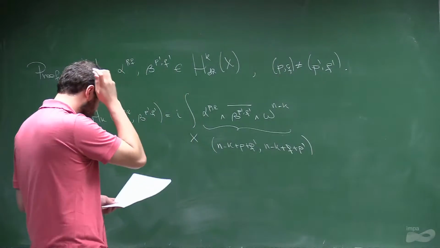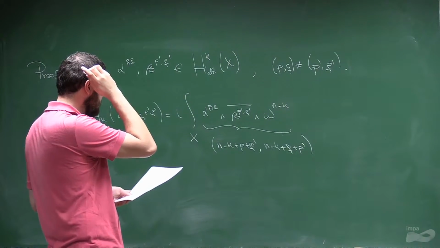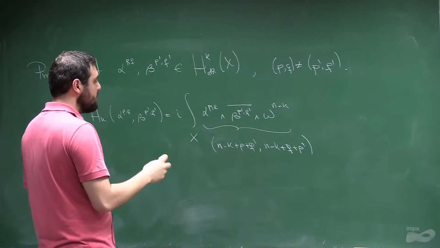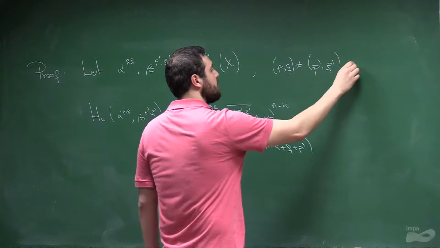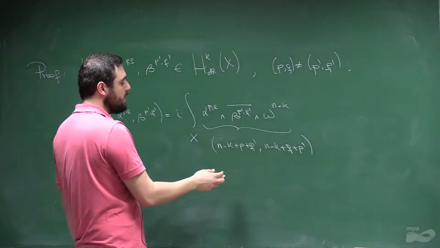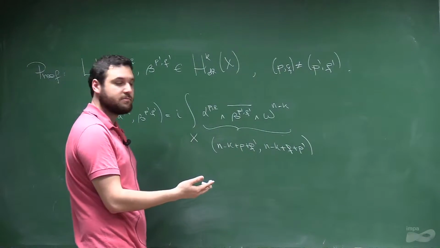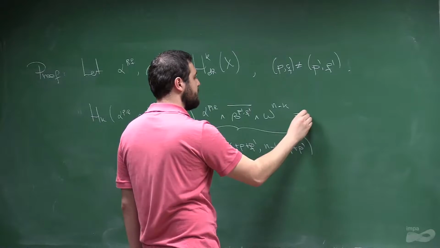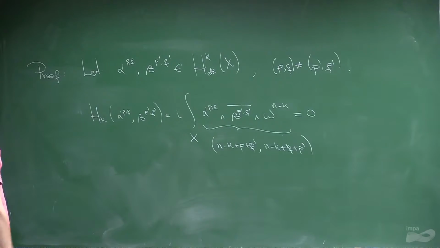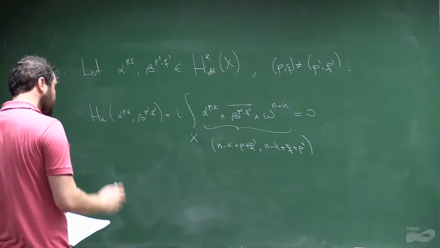Is this correct? Right. So since we know that p plus q is equal to k and p prime plus q prime is equal to k, one of these two sides is bigger than n, right? So the form will be 0, right?